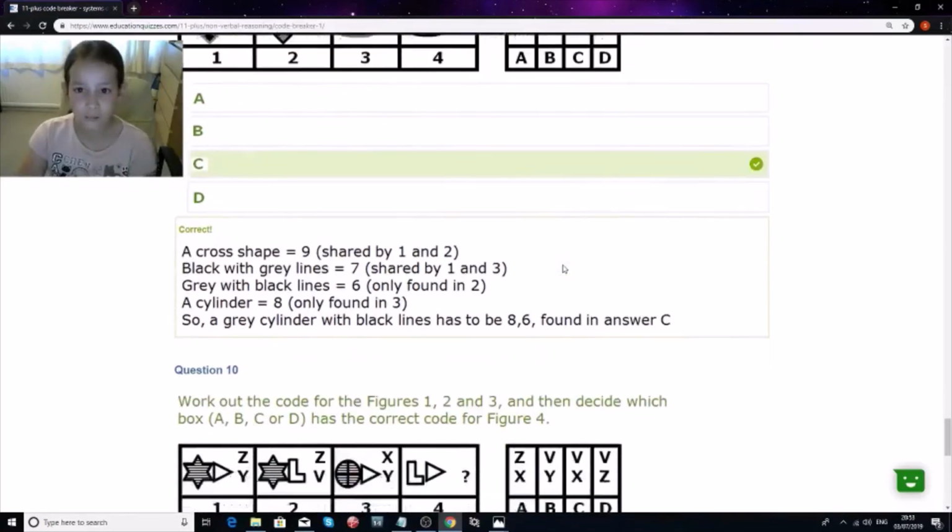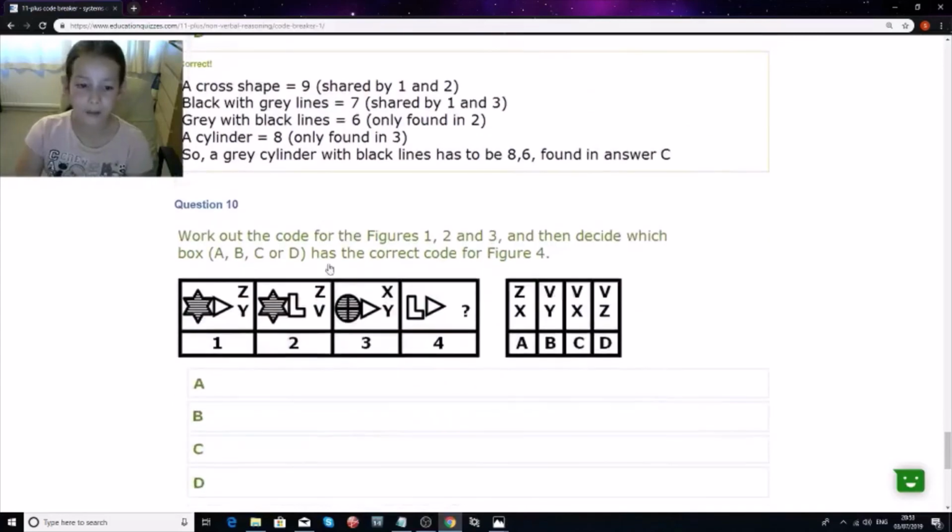So far we have done very well. In this question we have got different shapes. So Z, what do these have in common? Well, they are both stars.